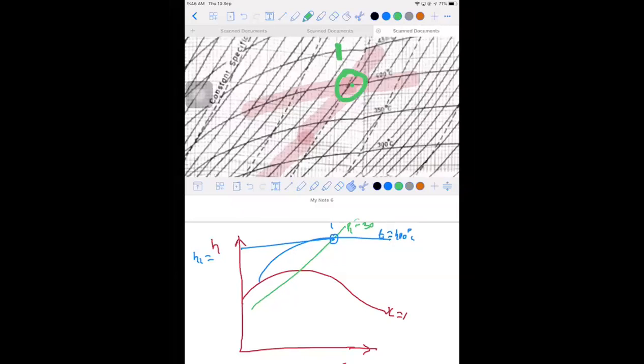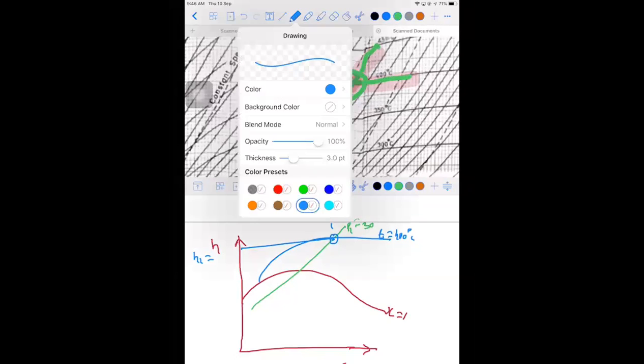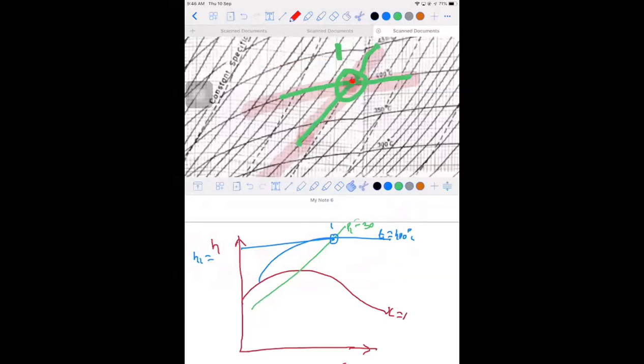Three people have given answers, and I expect the same from others also. Please observe here: this is the 30 bar line, this is the 400 degrees centigrade constant temperature line, and this is our intersection point. Someone gave 3232.5 or something.